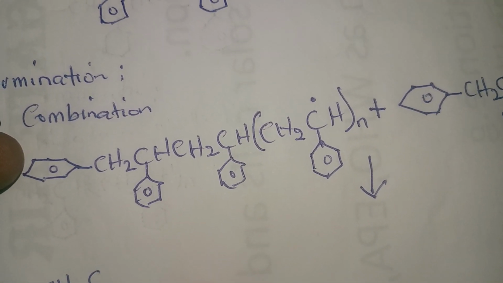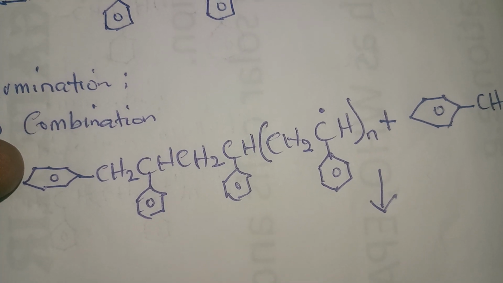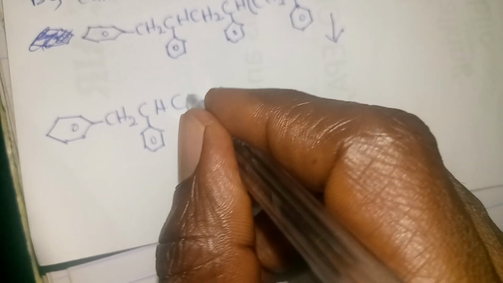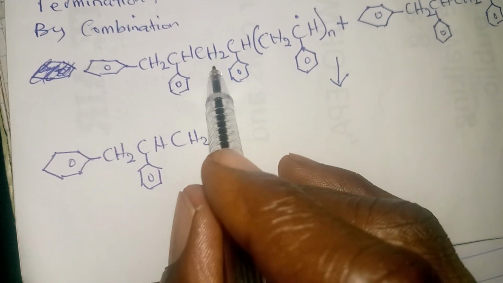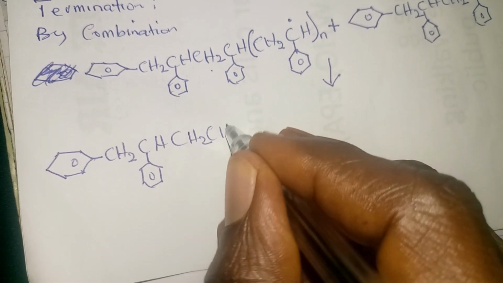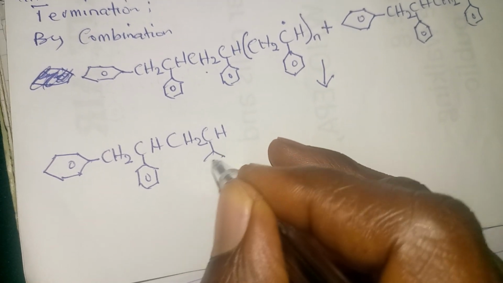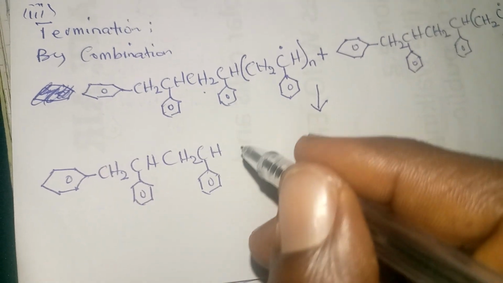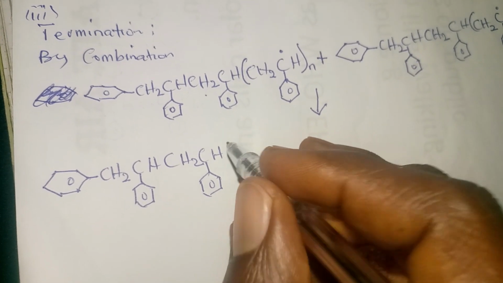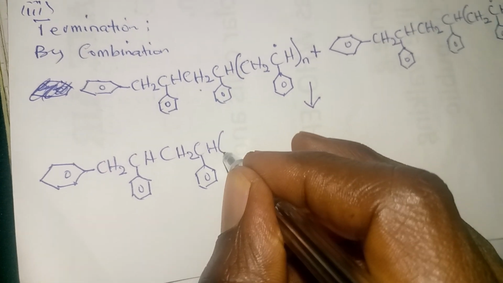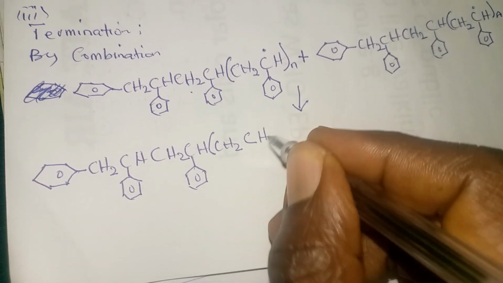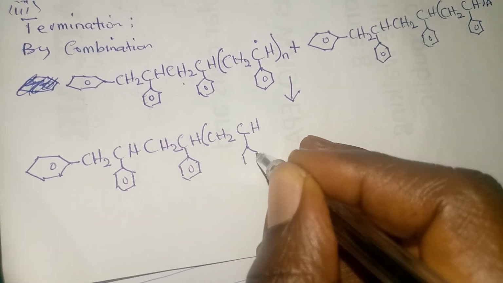CH2, CH, see, the work is simple, right? CH2, CH, I have my phenyl group. I have my brackets, CH2, CH. Remember that free radical.